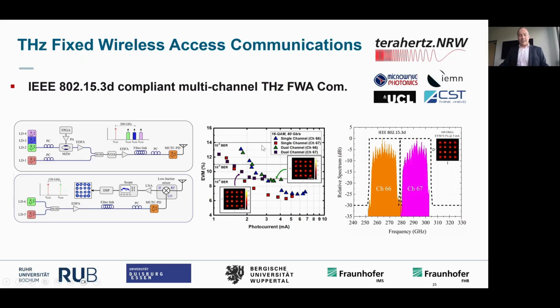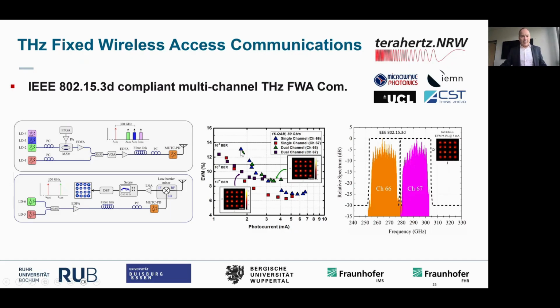This is the top line. And you see, in all cases, we are better than this. Even if we use more easy forward error correction, we can still transmit the data error-free. And we can reach here, in this experiment, data rates up to 160 gigabit per second for this transmission, which is now IEEE compliant.